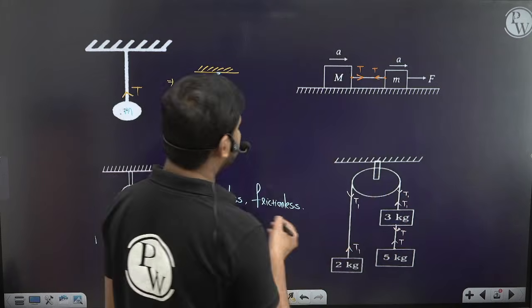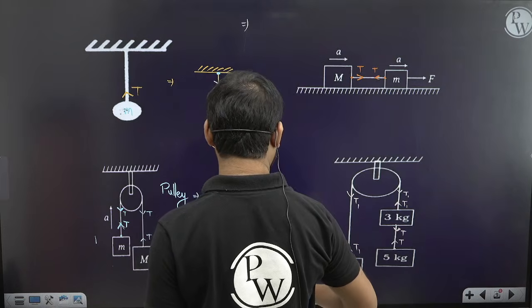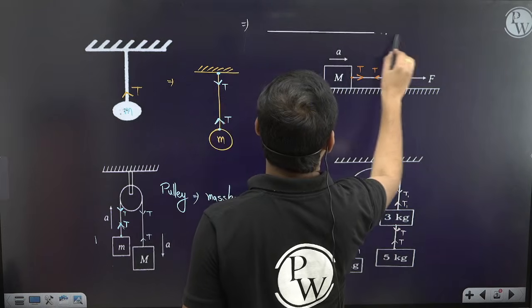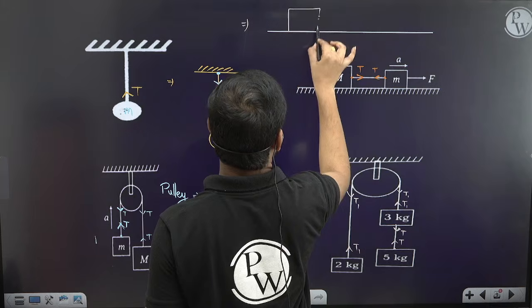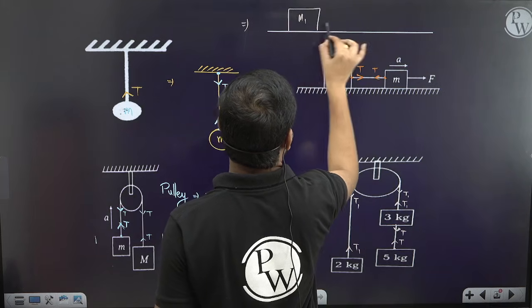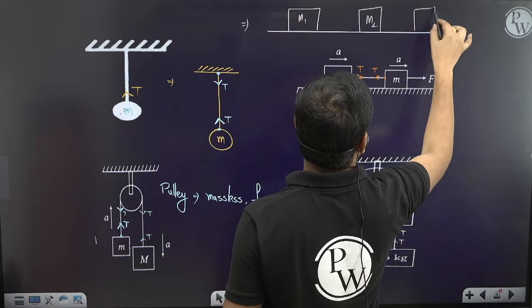Or else I'll give one more example. Consider, let's say we have three masses. This is mass M1, then this is mass M2, and then this is mass M3.